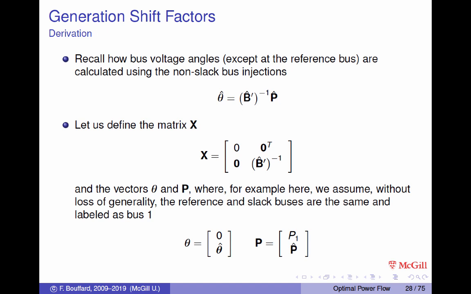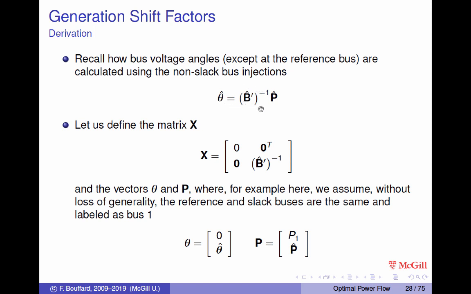So how do we get the generation shift factors? And this is a very neat little derivation. So we know, again, from the DC power flow that we can find the angles, theta hat, at all the nodes except the reference. Exactly the same thing as before.